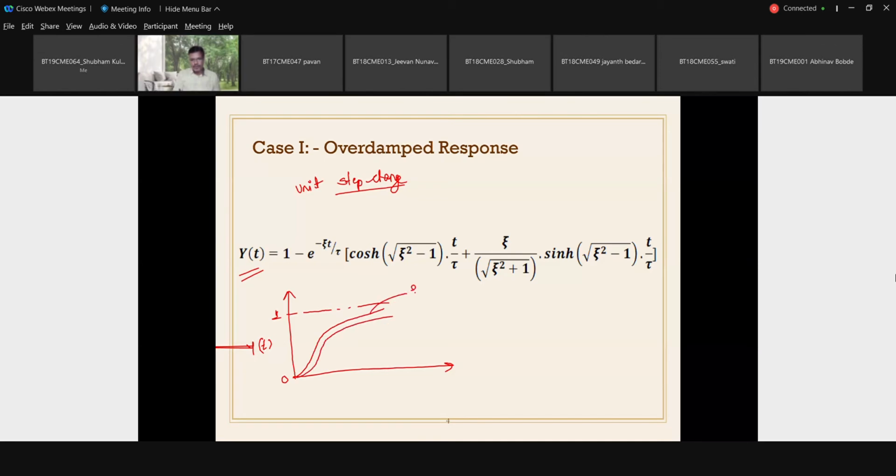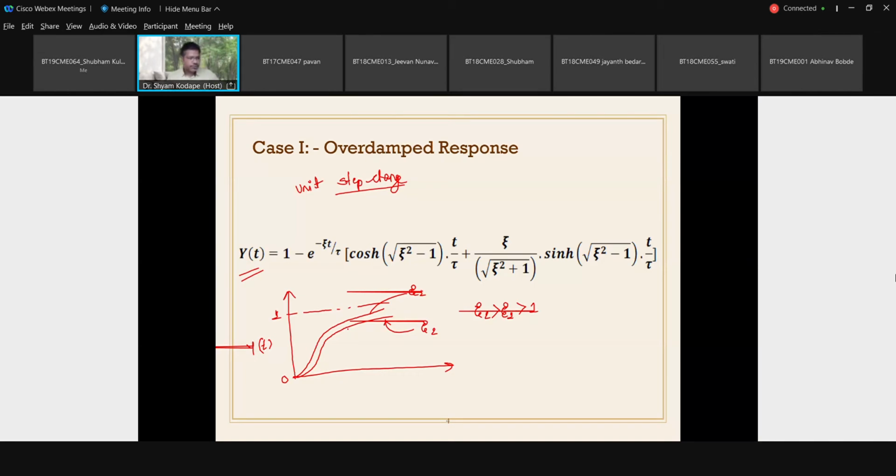If this is xi1 and this is xi2, then xi2 is greater than xi1 and both are greater than 1. ठीक है, तो इसका मतलब क्या है, जैसे जैसे xi, that is the damping factor, is increasing, its response becomes more and more sluggish, more overdamped. We call it a more overdamped system.